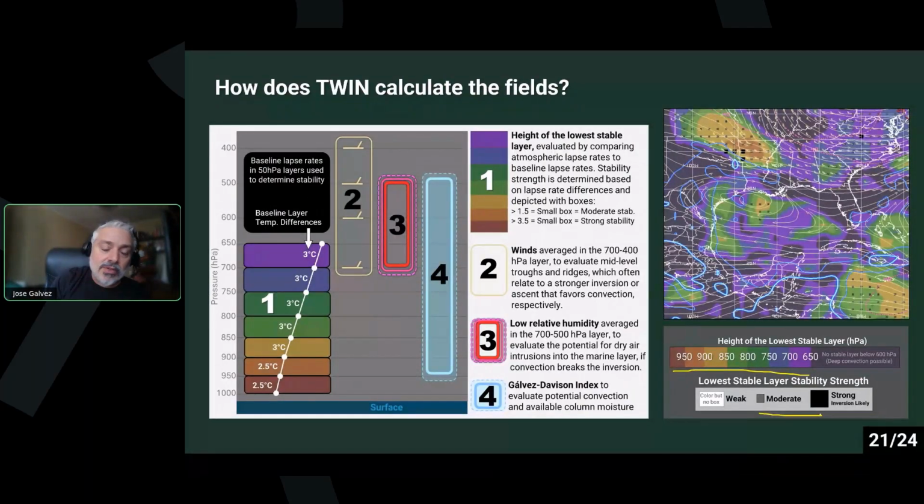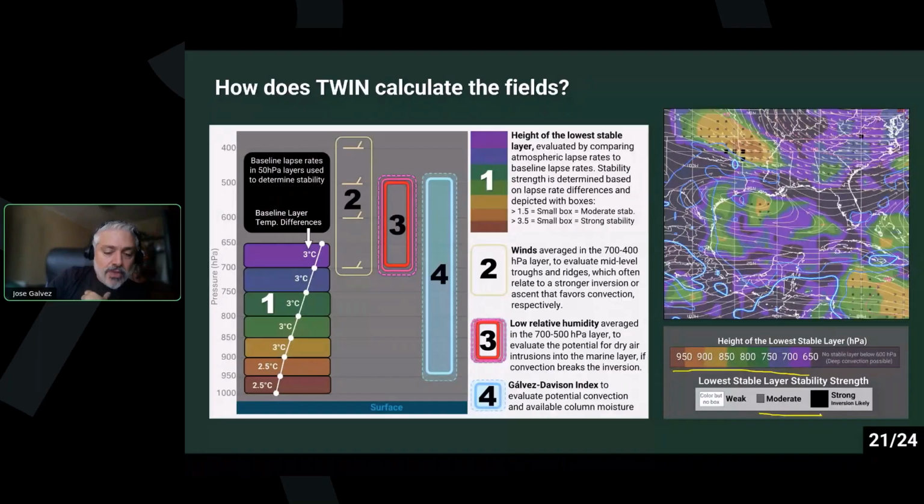Basically, lower your relative humidity and lower your chances for convection to form. You're going to simulate these dry air entrainment processes. That's why it's also important not only to know how low your inversion is, but also how strong it is, your stable layer.